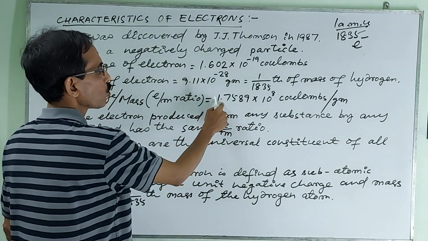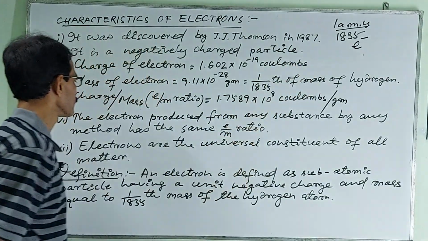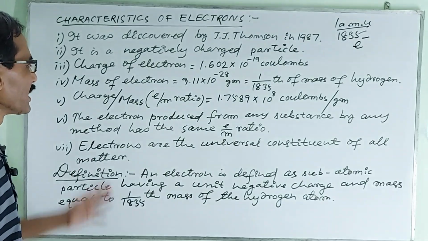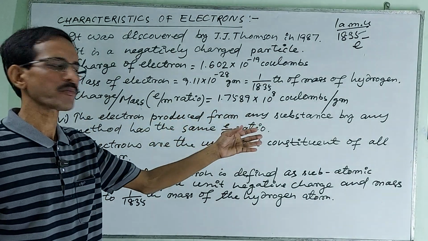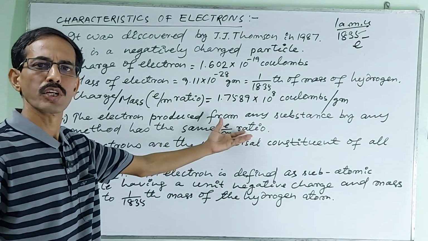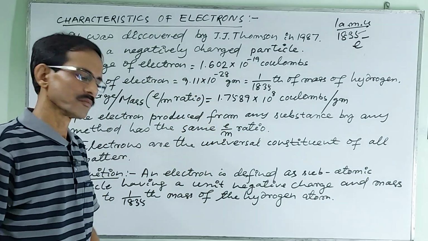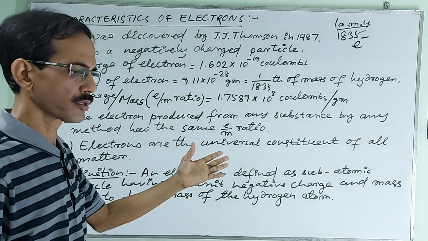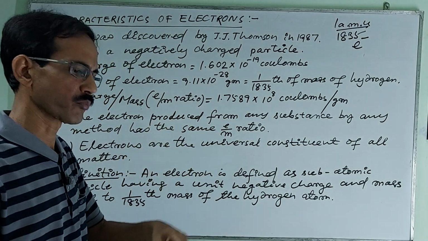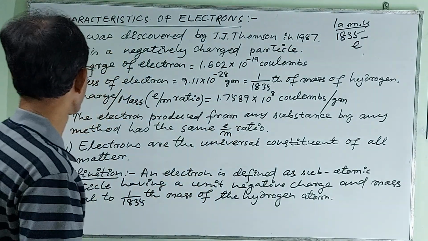You will get 1.7589 into 10 to the power 8 coulombs per gram. The electron produced from any substance by any method has the same e by m ratio. The e by m ratio of the electron will never change. You adopt any method or extract electron from any substance, the e by m ratio remains the same.